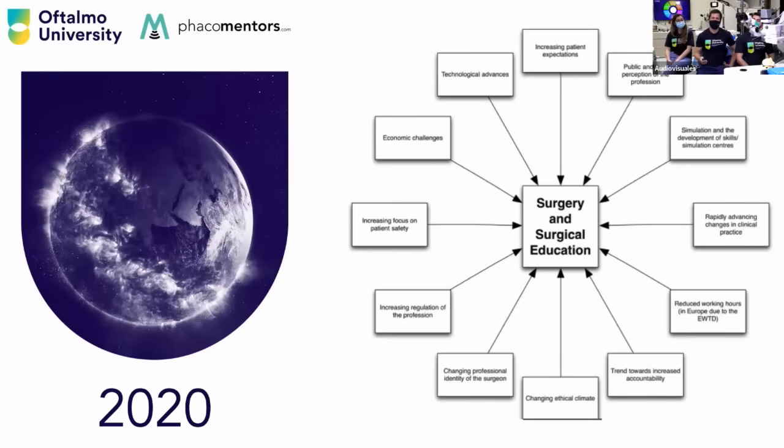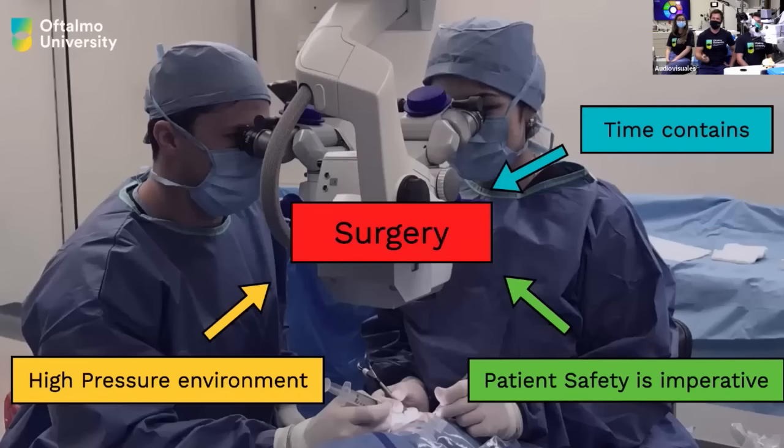Excellent, excellent. Thank you very much for your comments, Cecilia. I think they're very accurate. I love this image. This image is me with an anterior segment fellow. And if you really see what's going on in that operating room, there are a lot of factors that are affecting the learning.